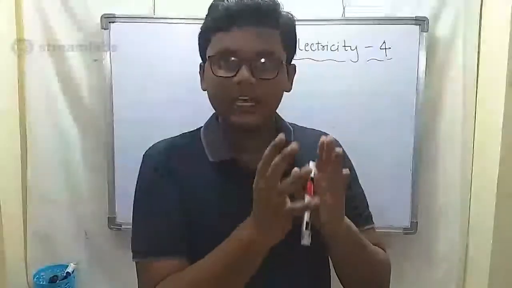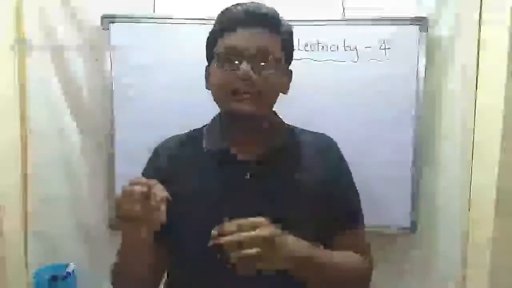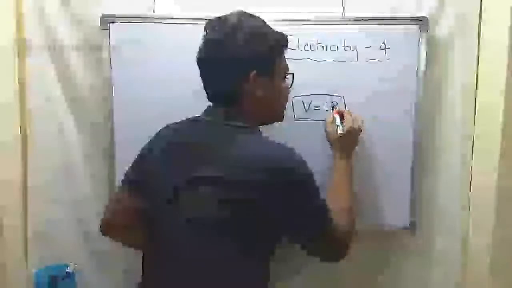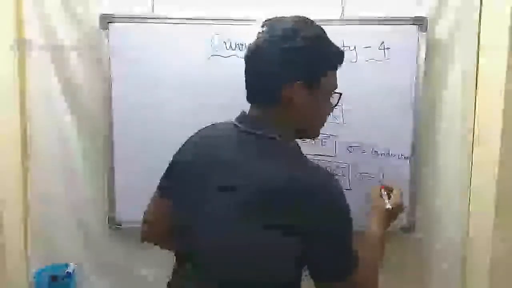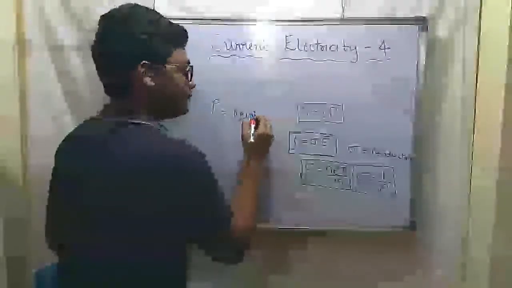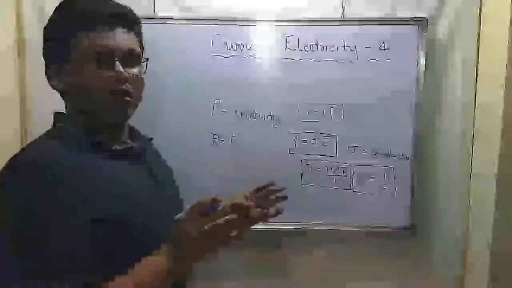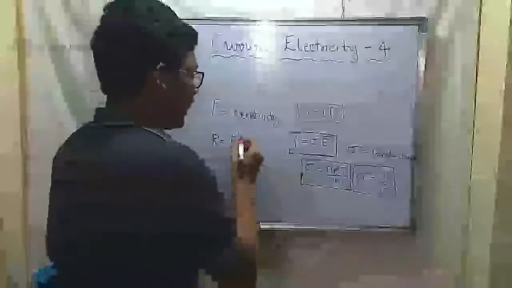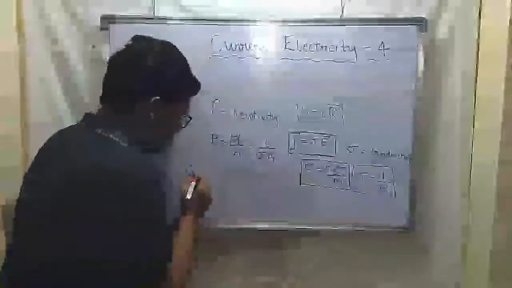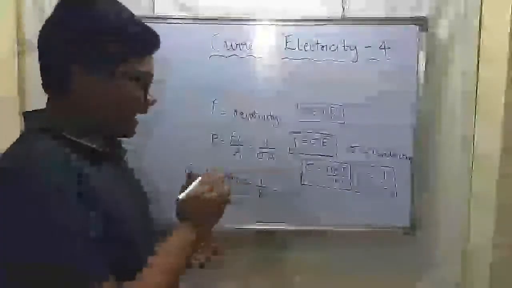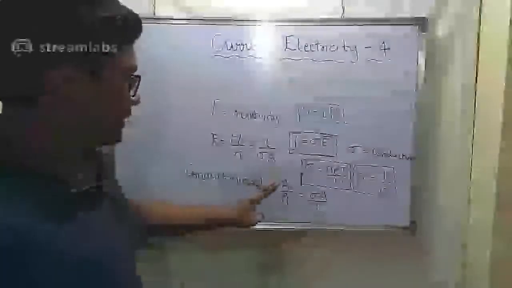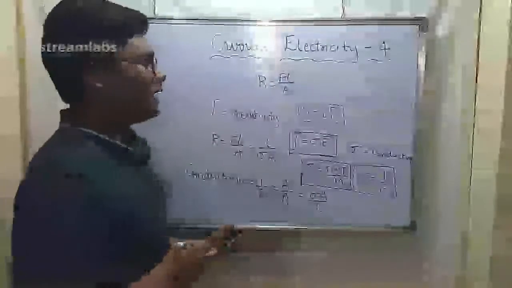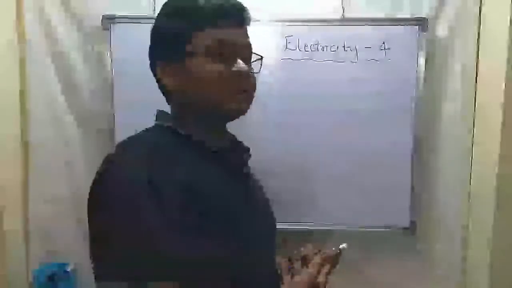Ohm's law says the voltage is proportional to the current, so we get the equation V equals I R, and R is given by rho L by A, where rho is the resistivity. This is the resistance.